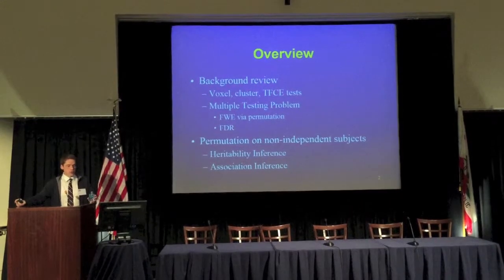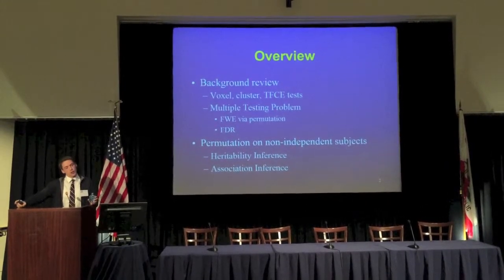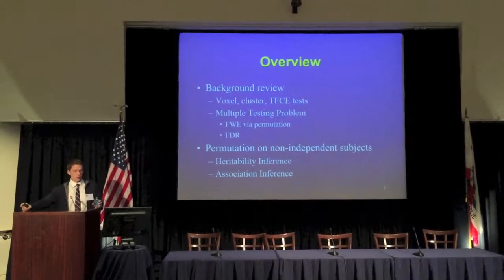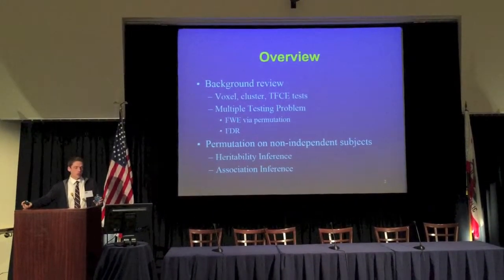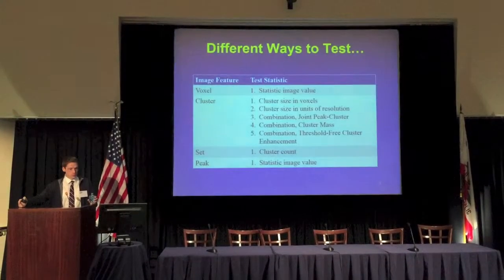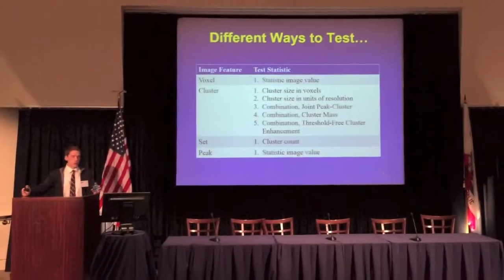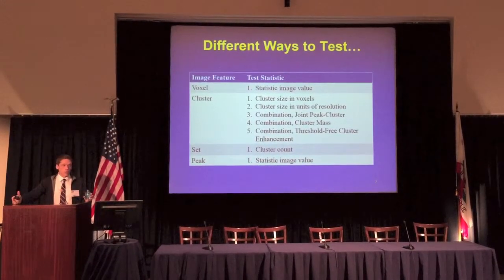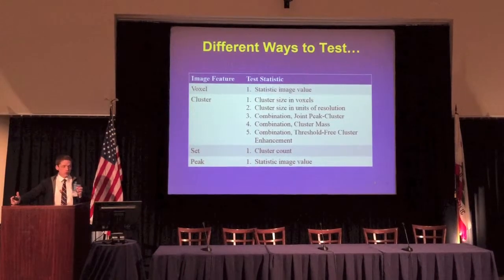And then he talks about permutation as a way to measure inference in non-related subjects, and specifically inference for heritability and inference for association. So there are different ways to test for significance that evolved in imaging studies.